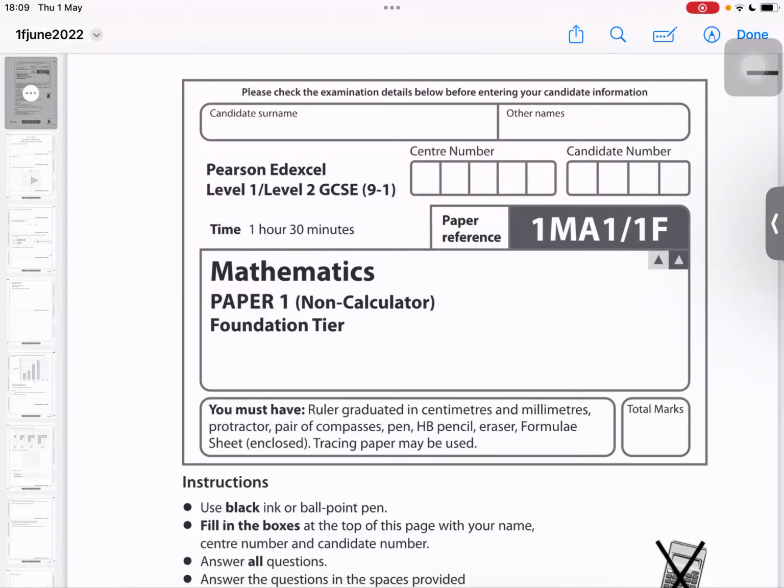Okay, all right. So let's see. Okay, we can start with question. Which year is this? 20. Okay, I'm not sure I can see the year, but okay, 2022.